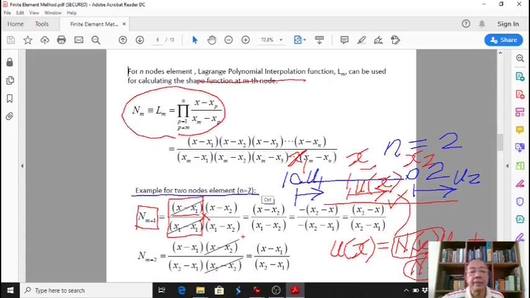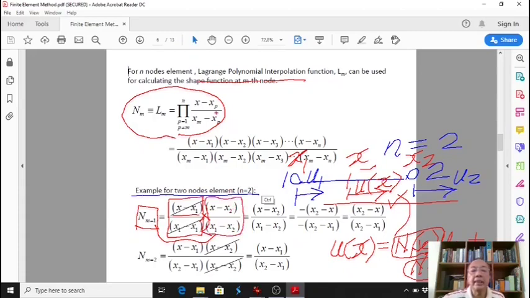Second term: x minus x2, divided by x1 minus x2, with p equal to 2. So we get the second term here.